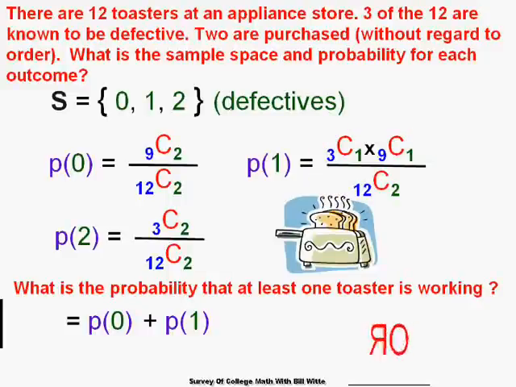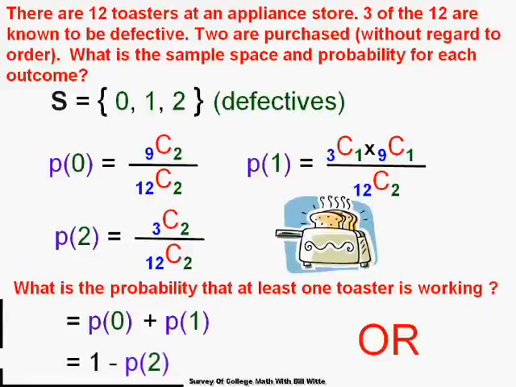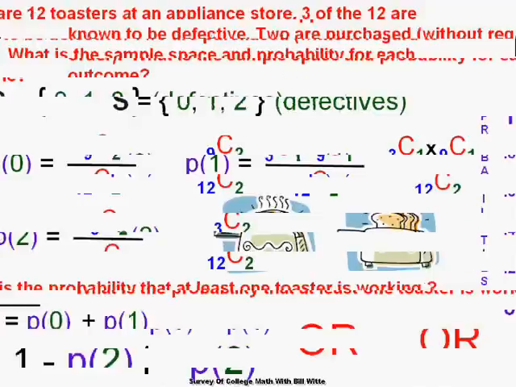Or you might save yourself a little work by just subtracting from 1 the probability of having 2 defective. That way you'd have at least 1 working, and you have to do way less calculation. It's a little bit easier, a little less typing on the calculator. Make it easy on yourself.